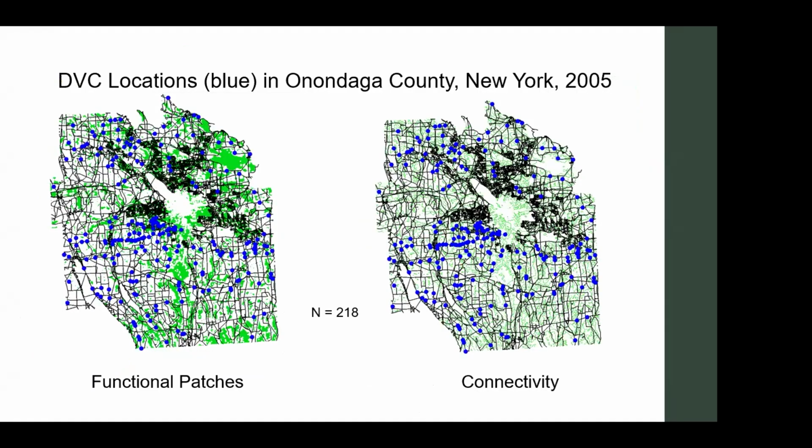And then this is deer vehicle collision locations overlaid on patch and then connectivity. We're really more concerned about connectivity here because that's where wildlife are moving through. Connectivity does not exist in the same place as patches, but is essentially in between them.